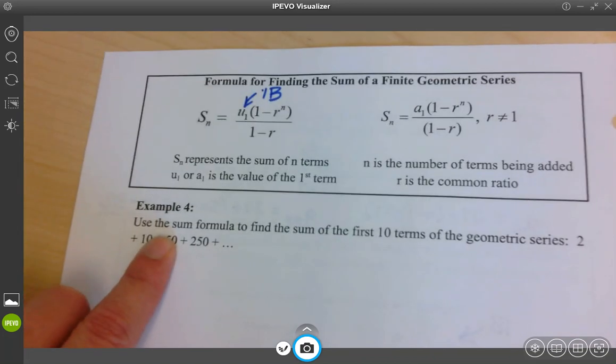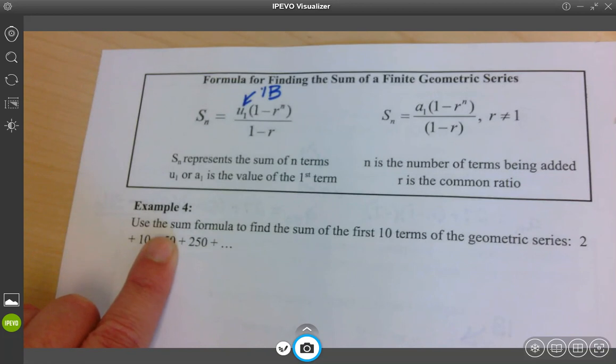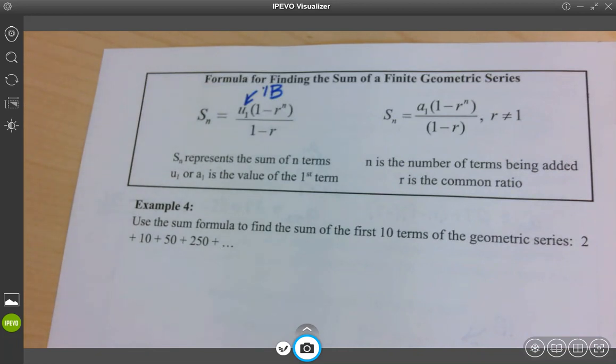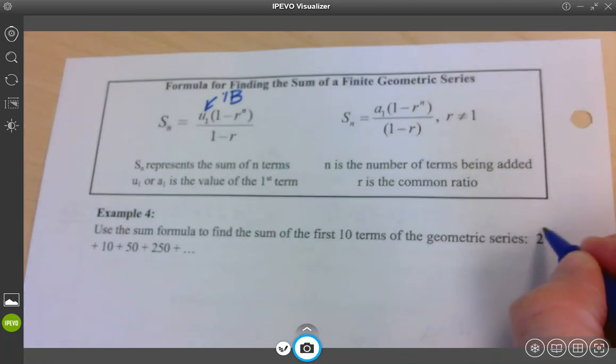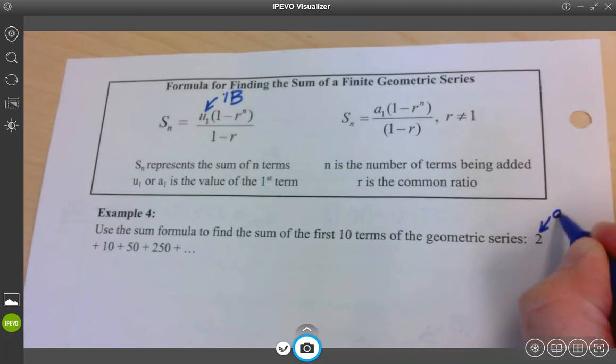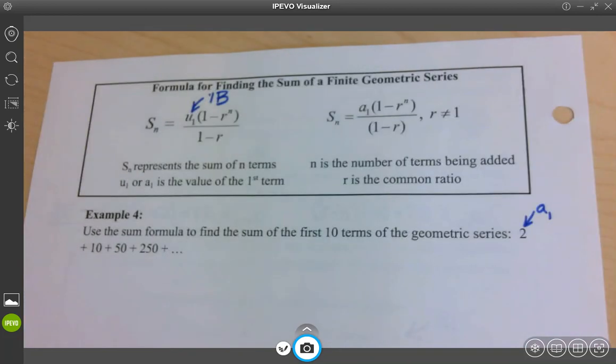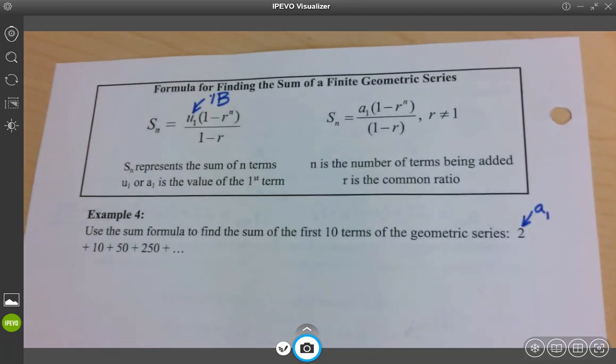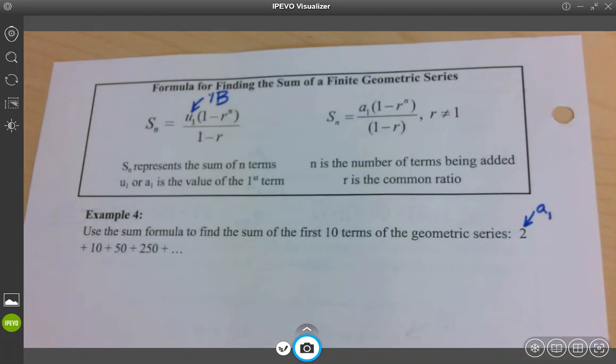In example 4, use the sum formula to find the first 10 terms. So in the sum formula, we need to know a sub 1. What is a sub 1? Which number is a sub 1? 2. Yeah, I was hiding over here. What is r? 5.